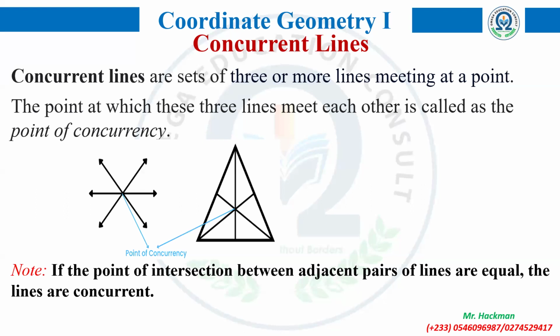So anytime you mention point of intersection, we are indirectly looking at 2 lines. But immediately you move beyond 2 lines, you cannot use intersection again. It will be point of concurrence. But take note, every point of concurrency has a point of intersection in it. So point of intersection will be a subset of point of concurrency.